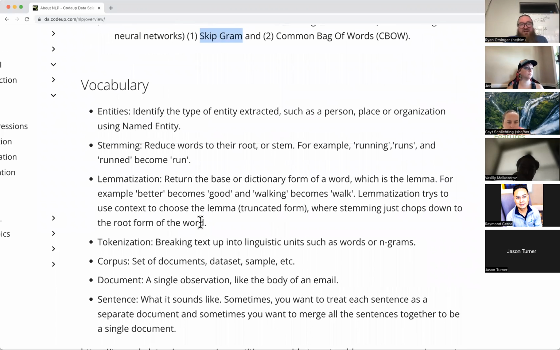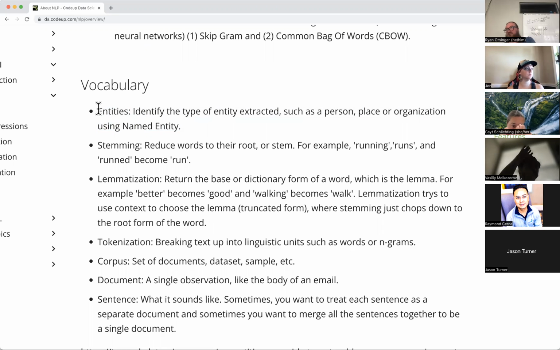So there's a whole bunch of vocabulary that we can introduce now. We're not going to get into every piece of this. Entities and named entity identification. Our curriculum is not going to cover named entity extraction, but there's libraries for that. NLTK is one of the libraries that we're going to use.